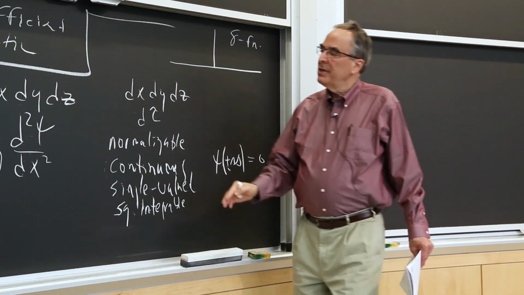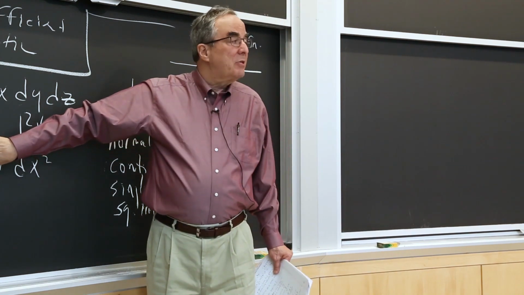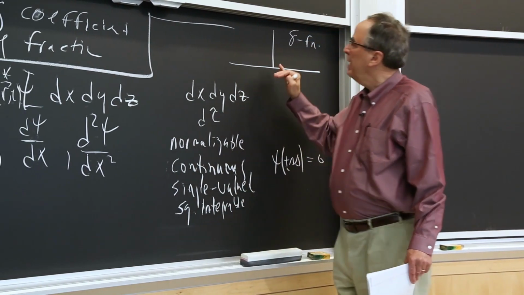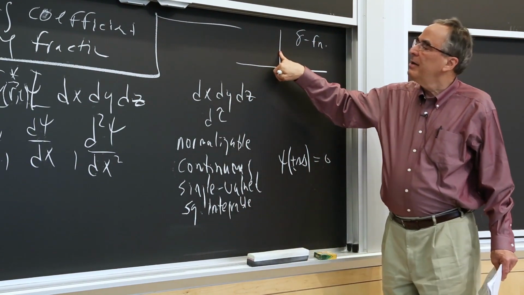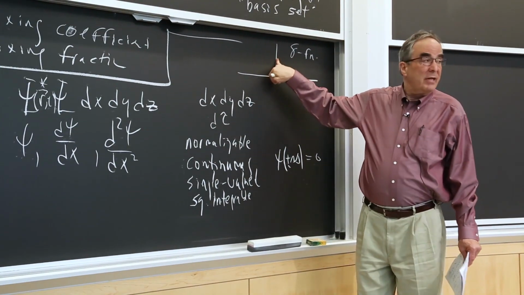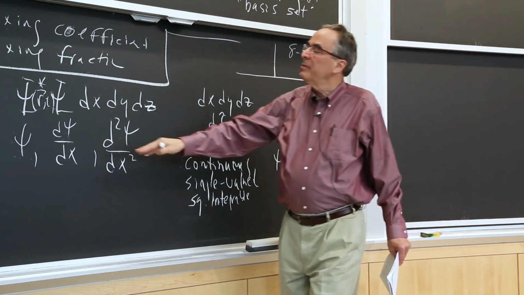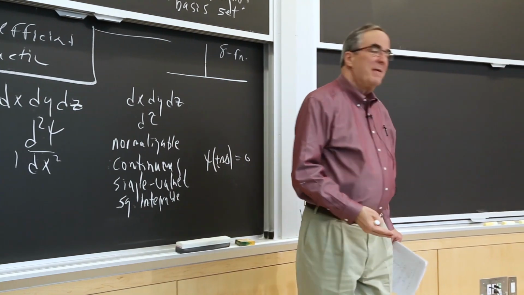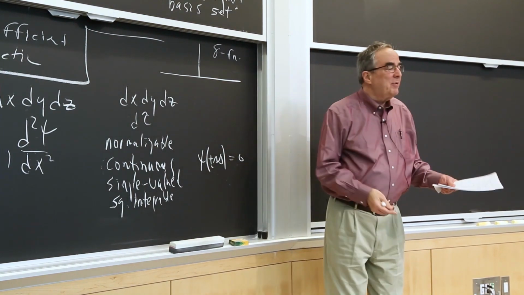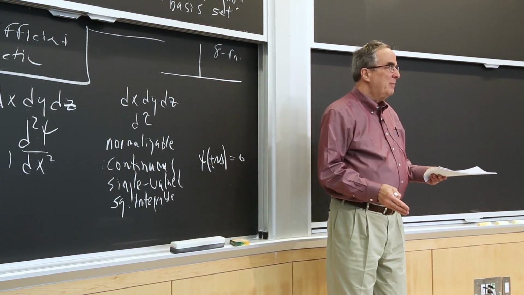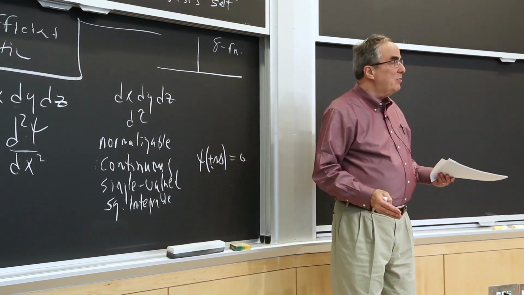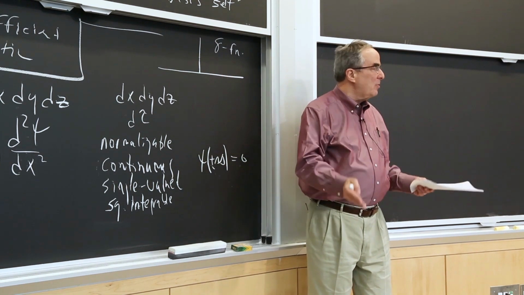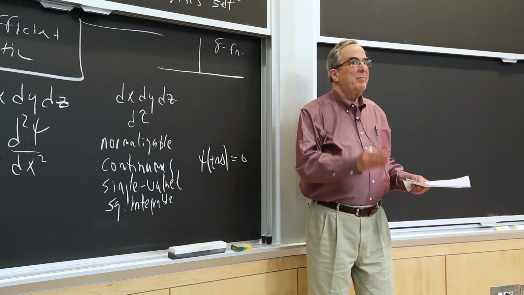And what it does is it causes this to be discontinuous by an amount determined by the value of the wave function at the delta function. And delta functions are computationally wonderful because they enable you to treat certain kinds of problems in a trivial way. Like if you have a barrier.